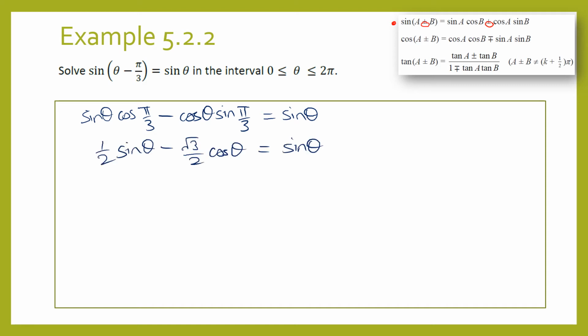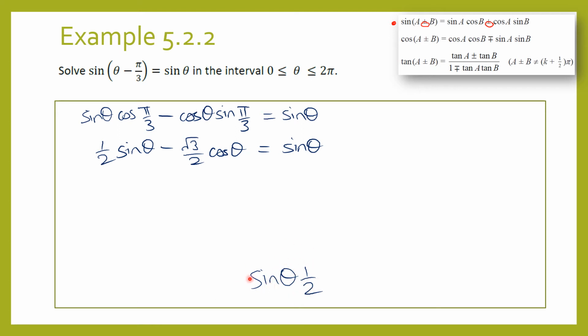I think the natural thing to do next is to turn cos pi over 3 and sine pi over 3 into number form. So cos pi over 3 is a half, and I've written it in front of the sine theta because it's neater and there's less chance of confusion. If you write sine theta and then a half afterwards, it's just a bit messy, and we're not sure whether the half is part of the angle or not.